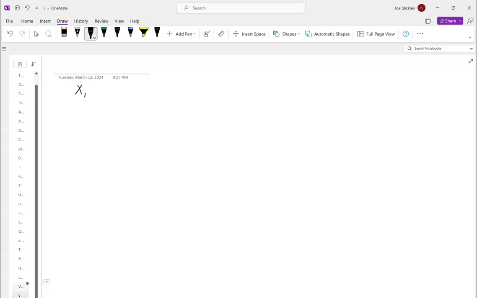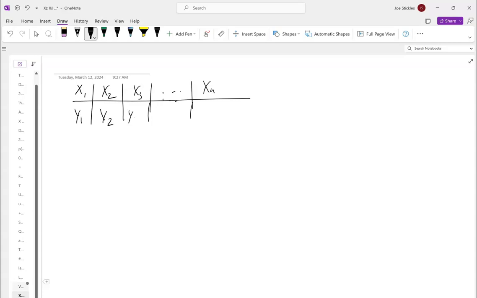In this case, I'm going to start with a 1. So let's say we have n knots. So our points here are x1, y1, x2, y2, all the way up to x sub n, y sub n.